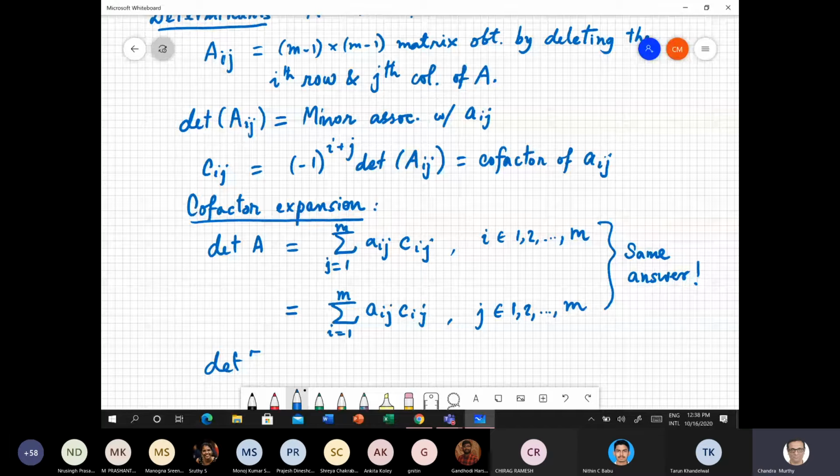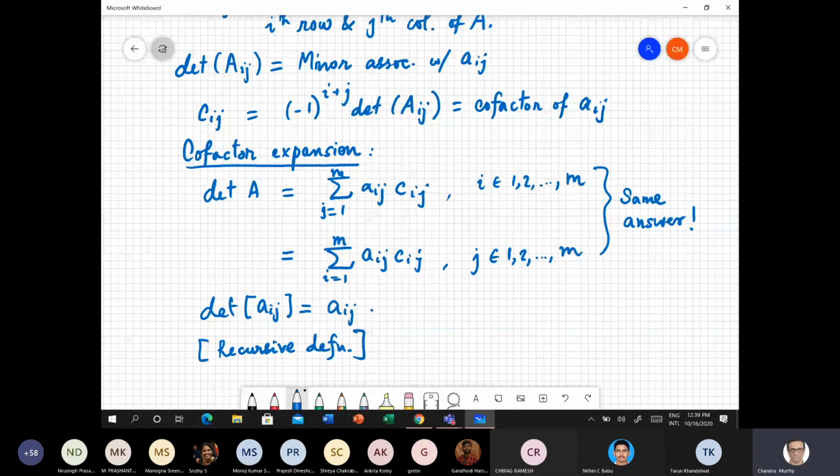So this is a recursive definition. This is the basic definition of a determinant.